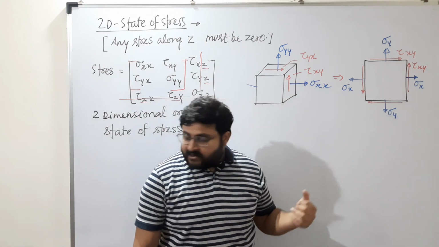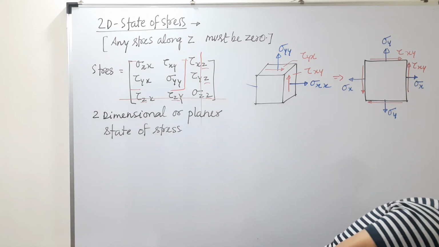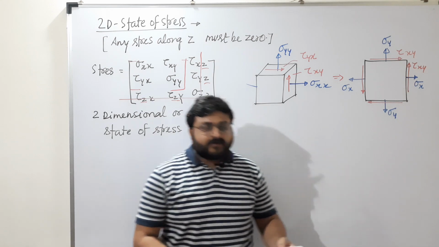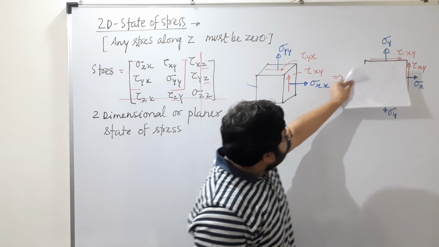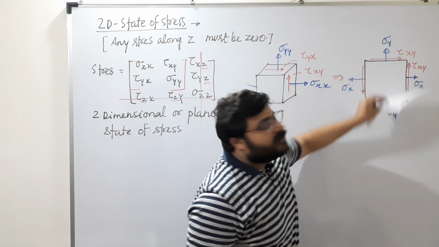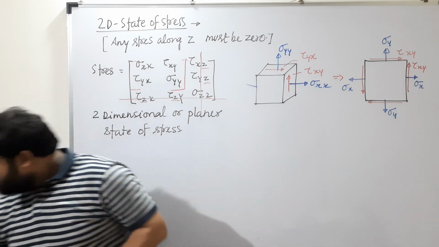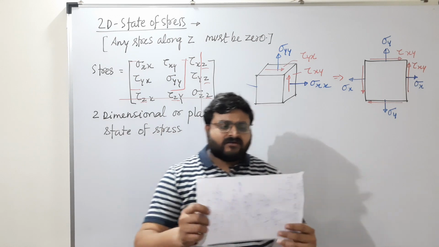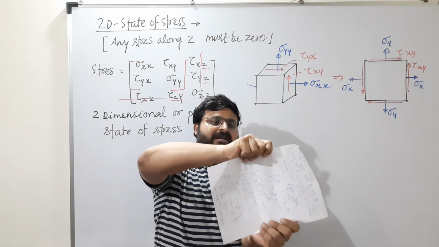So for example, suppose I have this piece of paper, which we can replicate with our element. When I apply forces on this element in random directions, ideally I should be stretching it like this.